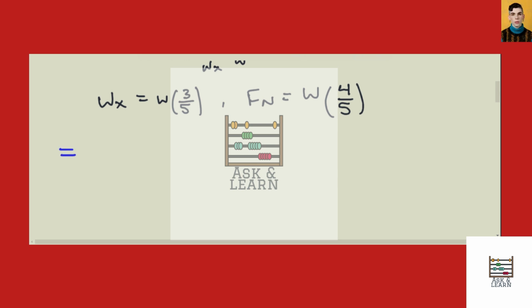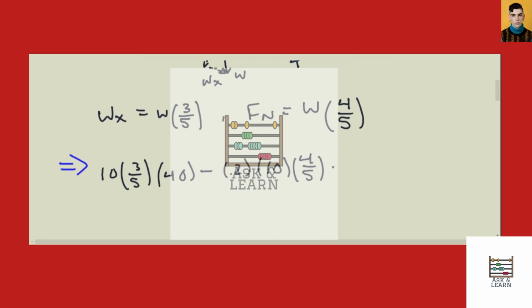Okay, now we can plug this in. We have the weight 10 times 3/5 times the total distance this box travels, which is 40, minus the coefficient of kinetic friction 0.2 times the weight 10 times 4/5 times the distance it travels.